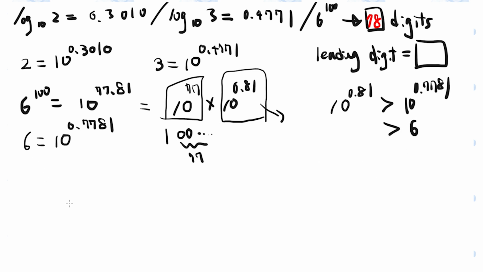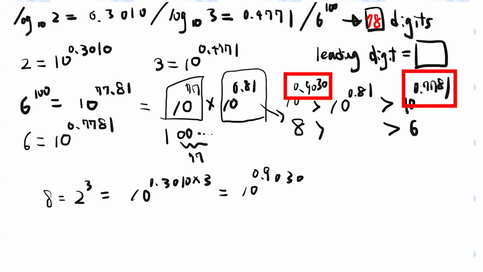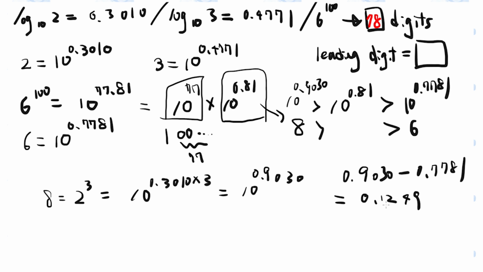Next, let's consider 8. 8 is 2 cubed, which is 10 to the power of 0.3010 times 3, which is 10 to the power of 0.9030. This is greater than this number. Therefore, this number is smaller than 8. Now, what is the distance between this number and this number? The distance between these two numbers is 0.1249.